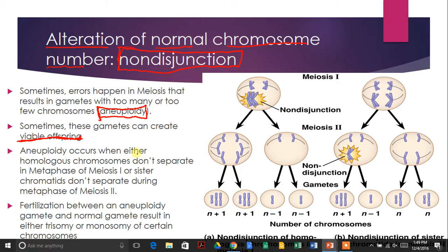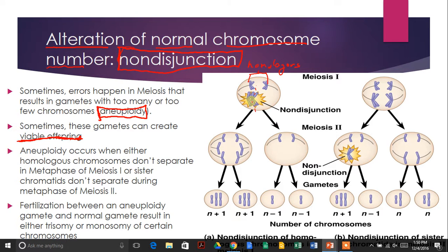Aneuploidy occurs when either homologous chromosomes don't separate in metaphase of meiosis 1, or sister chromatids don't separate during metaphase of meiosis 2. So, nondisjunction can happen in two ways. In meiosis 1, homologous chromosomes are lining up across from each other on the metaphase plate.